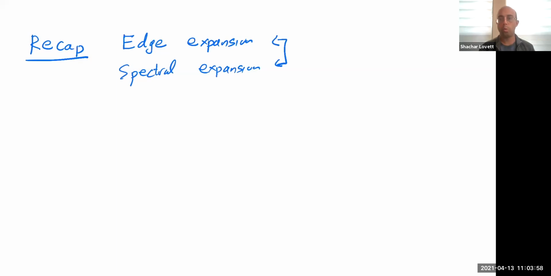And we saw two formal ways of connecting them. One was the expander mixing lemma, and the other one was Cheeger's inequality. So two different ways of connecting notions of edge expansion and spectral expansion.